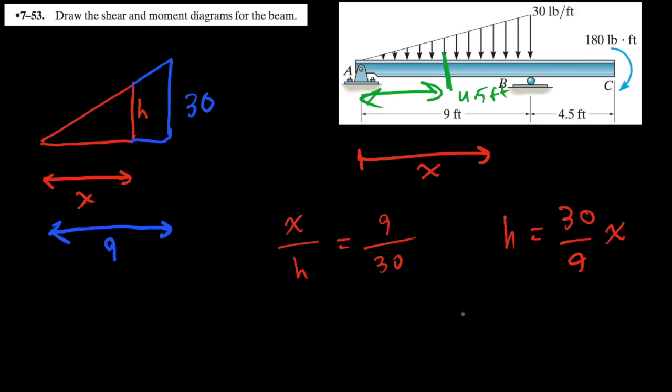If I simply put in 30 over 9 times 4.5, then we know the height of this triangle as a numerical value. So that's what we want. I will demonstrate this shortly. Right now it might seem a little abstract, but you'll see in a very short period of time.